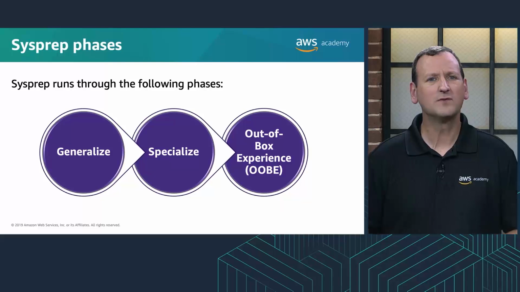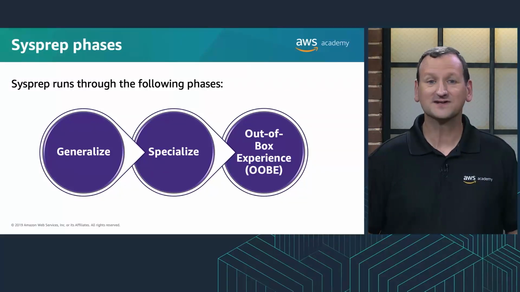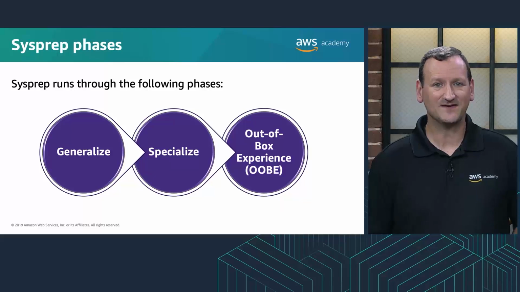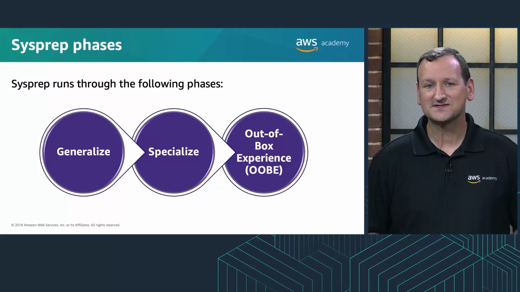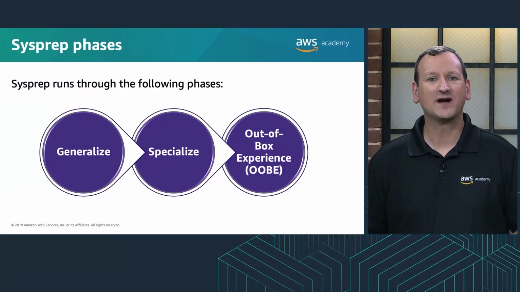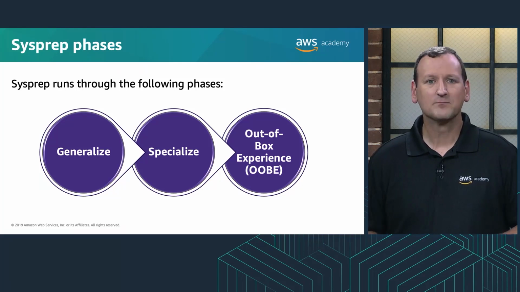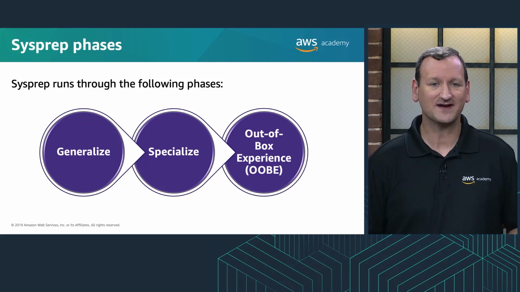Here are the three sysprep phases. First, the tool removes image-specific information and configurations. For example, sysprep removes the security identifier. After this phase completes, the operating system is ready to create an image. In the specialize phase, Plug and Play scans the computer and installs drivers for any detected devices.